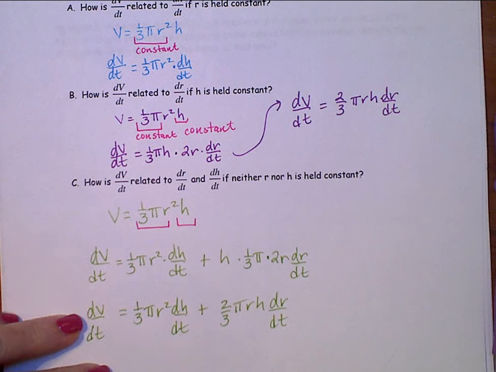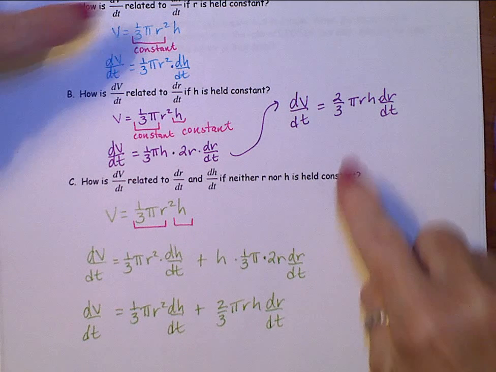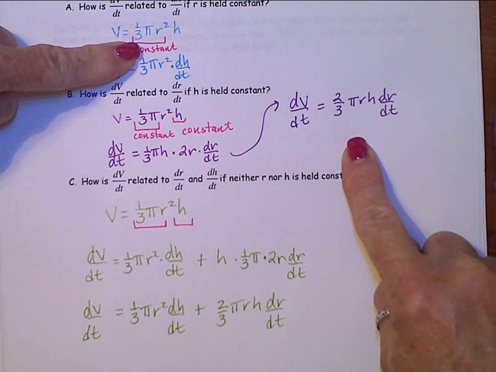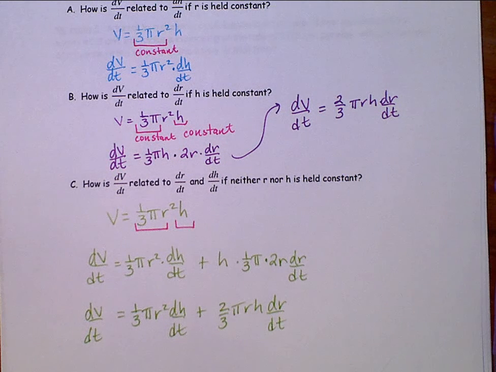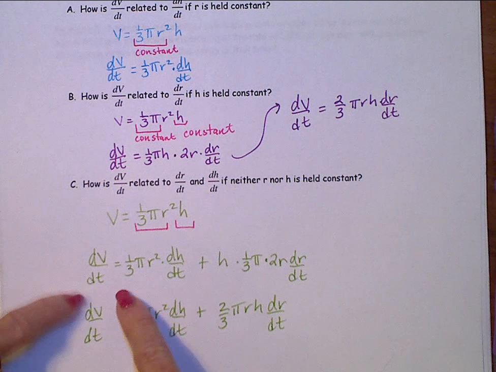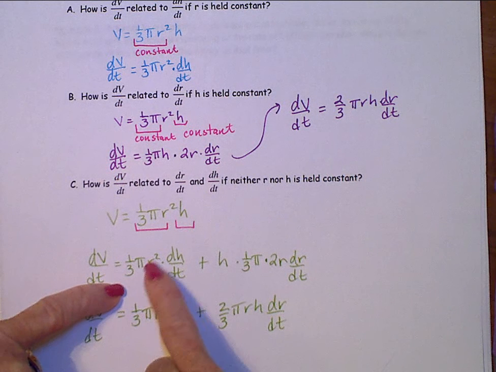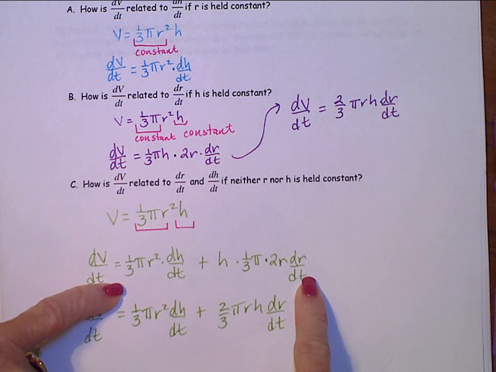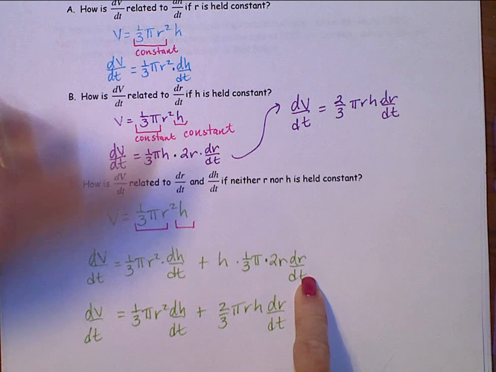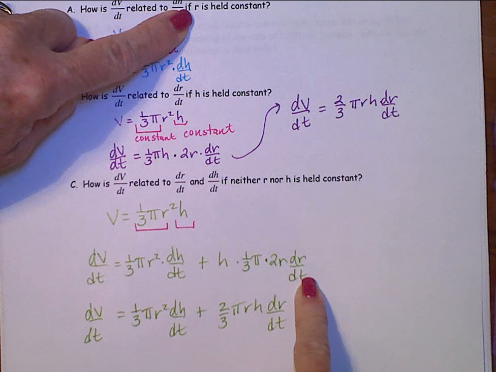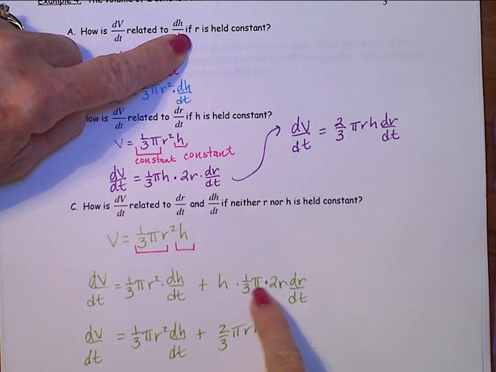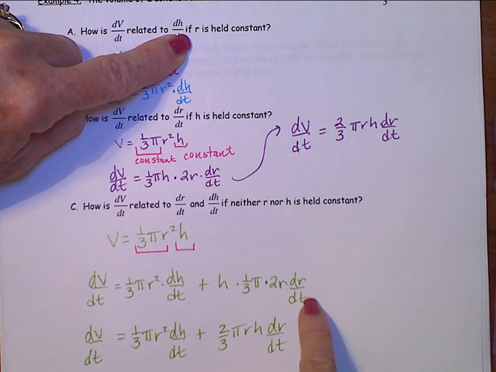Do you notice that this answer down here to C is the sum of the answers from parts A and B? And here's why. If we look at this one, the 1/3 pi r squared dh dt plus whatever this one is over here, if r is held constant, then dr dt up here in this big long list would have been 0.